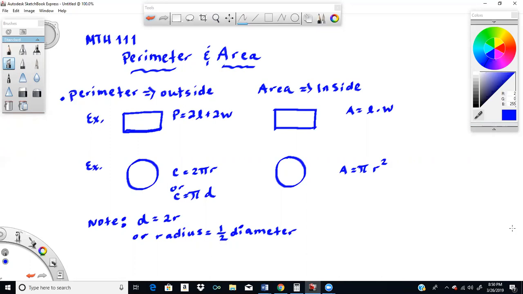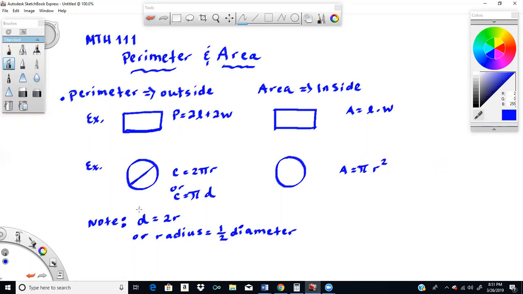So circumference is equal to 2 pi r. And then your area is equal to pi r squared. When you're dealing with a circle, we have a center, okay? And then your diameter goes through your center. It doesn't matter where you are, as long as it goes through the center.